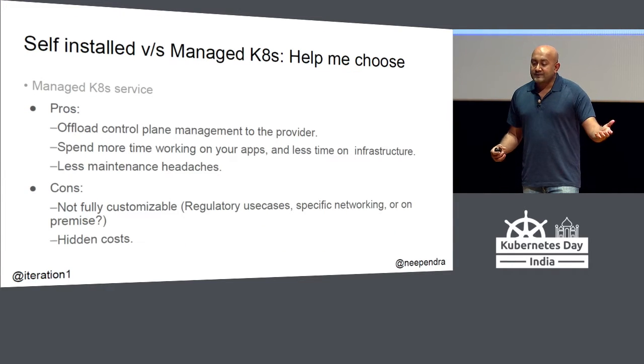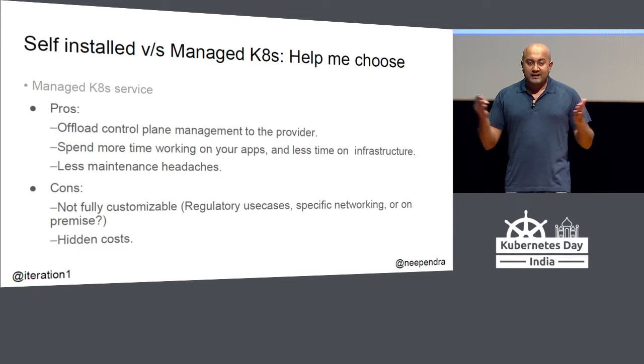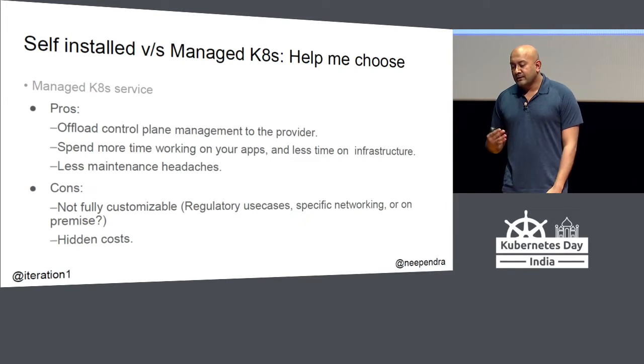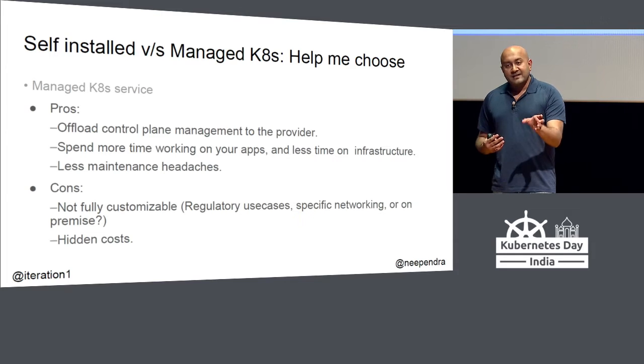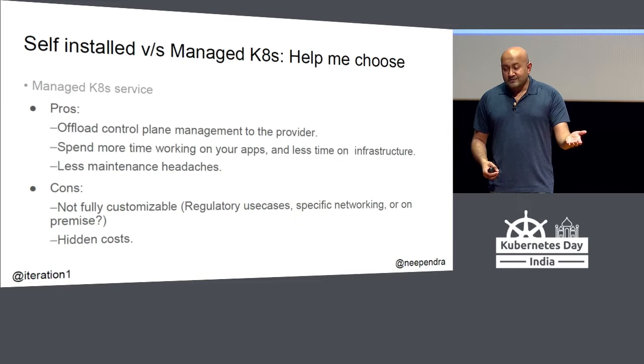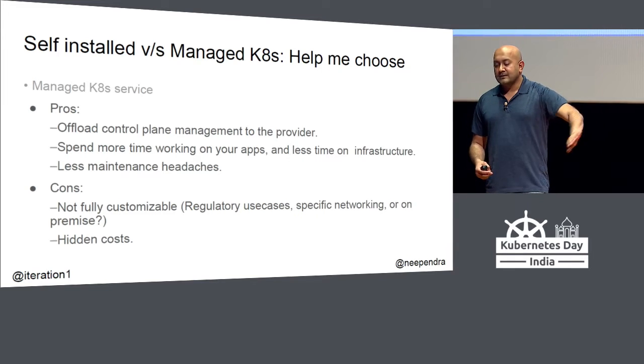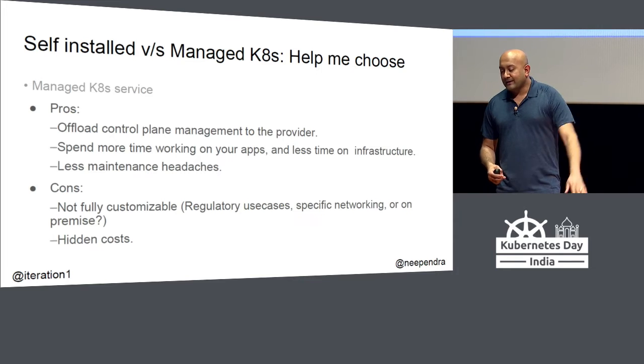So one question that we get a lot is: okay, there are many ways to solve the same problem, help me choose one way or another. If you're looking at managed Kubernetes service providers, some of the pros are that you're offloading a lot of the work to the cloud provider, so you don't have to worry about some of that.